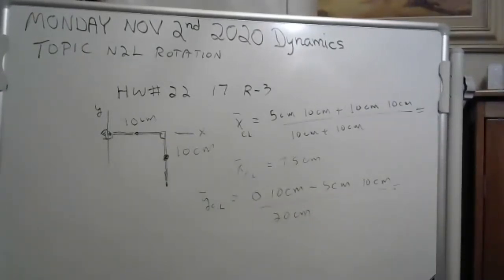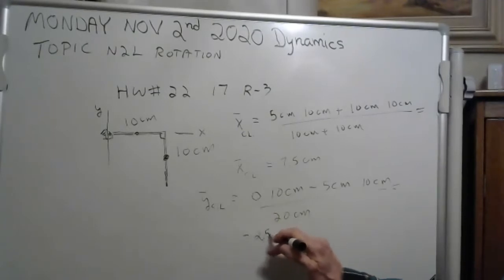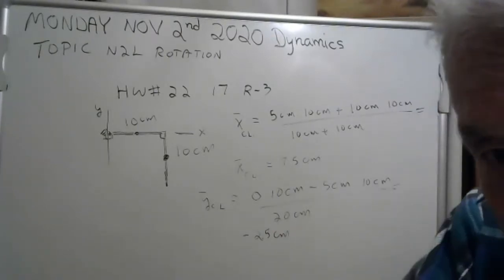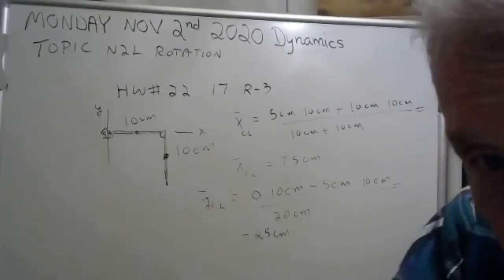And I get, what's 50 divided by 20? 2.5. I get 2.5. Do you guys get a negative 2.5 centimeters? Somebody say, uh-huh. I didn't hear any uh-huhs. Yes, sir. Yeah, there you go.